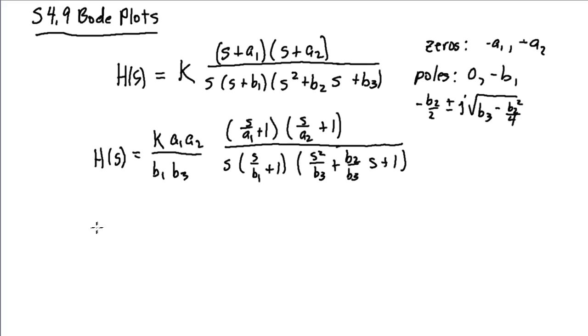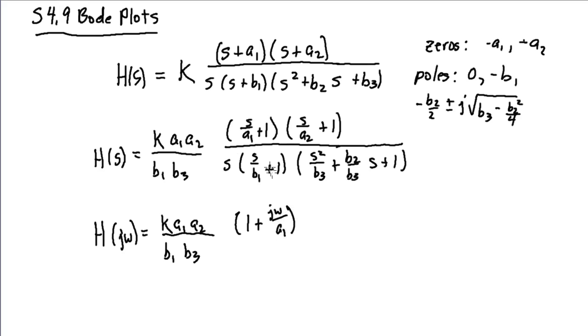The corresponding frequency response then, just substituting j omega for s, would be, you don't actually have to do this step when you're producing Bode plots. We can work directly with the H of s expression. Here I'm going to write the one term first, substituting j omega for s.